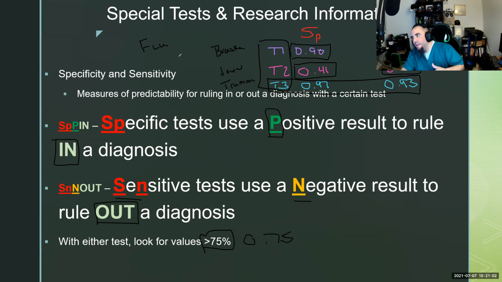So I'm testing to see if you have the flu. So all of these tests are designed to test for the flu. We've got the Brooke Amazing test, the John Just Right test, and the Truman Terrific test, whatever we call them.